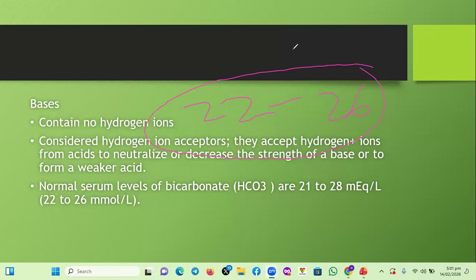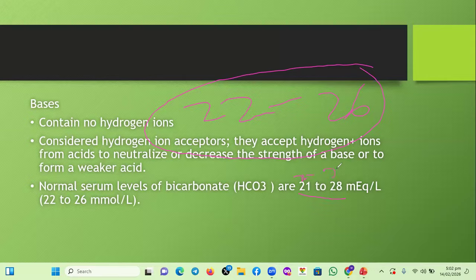All right. So I am saying that for the purpose of the NCLEX, let's take the normal bicarbonate level to be 22 to 26. In some books, when it comes to lab values, you might see one or two things, and so here, let's do it 22 to 26.